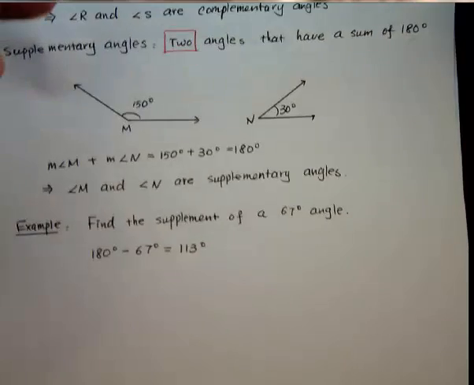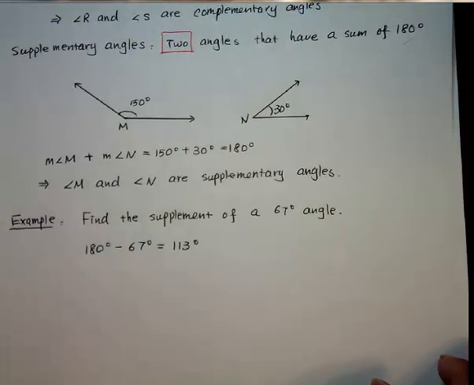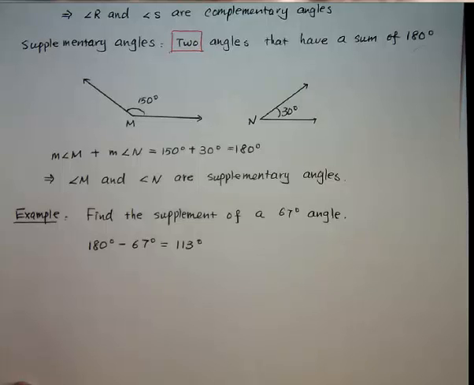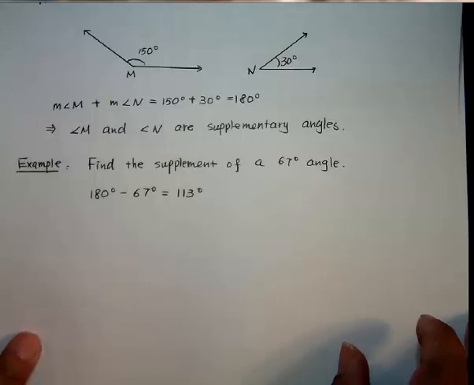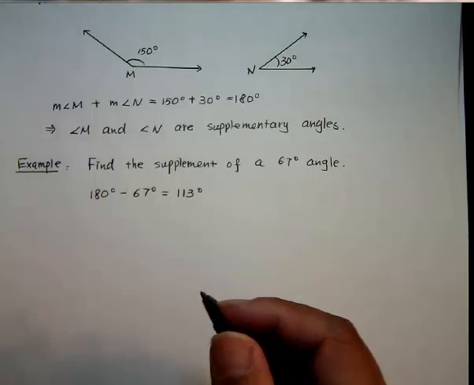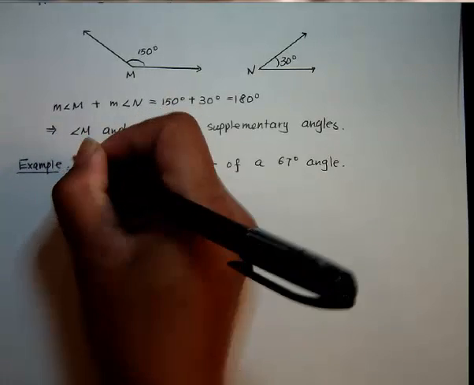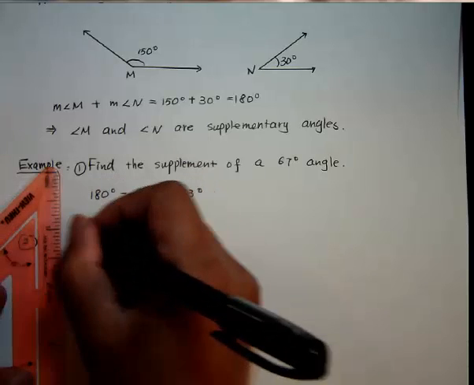Alright. Before we move on to more new concepts, let's go back and revisit all different kinds of angles by doing these problems. I'm going to give you a figure.